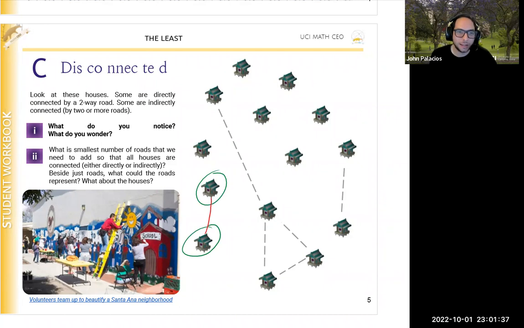That might be a way to start counting the number of roads that we could draw total. So maybe this is the first road we draw, and then we could draw a road between these two houses.